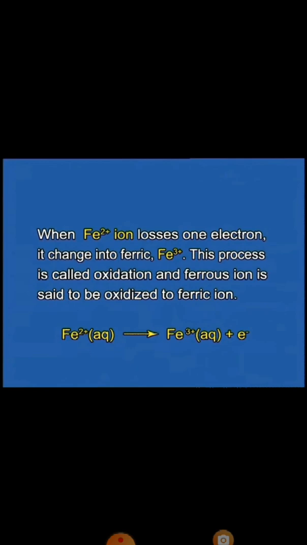When an Fe2+ ion loses one electron, it changes into ferric, that is Fe3+. This process is called oxidation, and the ferrous ion is said to be oxidized to the ferric ion. You can see the next equation.